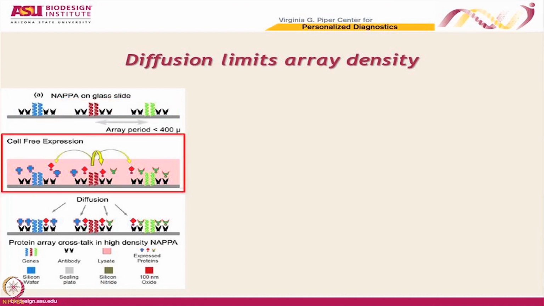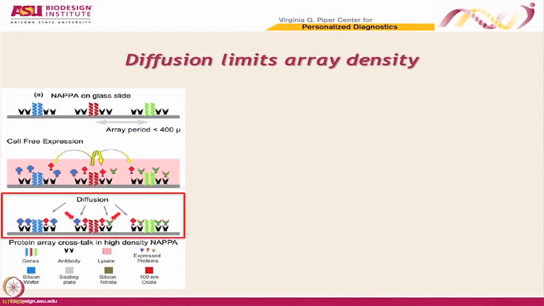And one of the concerns would be that if you produce the red protein, that the red protein could float over and bind in the spot where the blue protein is supposed to be. Same could be true over here on the green side. So you get mostly red bind to red, but maybe red binds here, maybe blue binds over here. And so you end up with a circumstance where you have a little bit of mixture at each of these spots. And so that's the concern that a lot of people have.